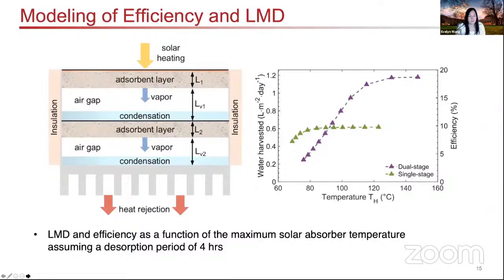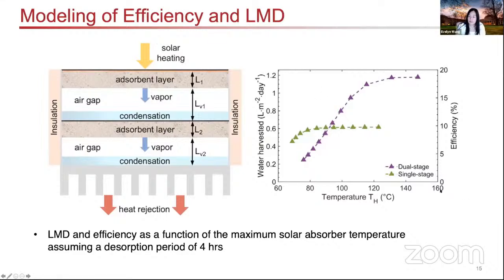So here, what I'll show you is the configuration that we've been looking at in terms of our modeling and actually our prototype development. You can see, as I mentioned, it's a 2-layer type device. And what you can see here clearly from our analysis is that I'm plotting water harvested in liters per meter squared per day as a function of the hot temperature, which is the top layer, where you're exposing the sunlight to the adsorbent.